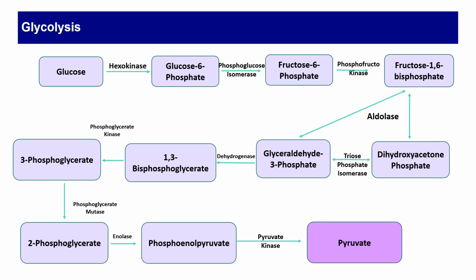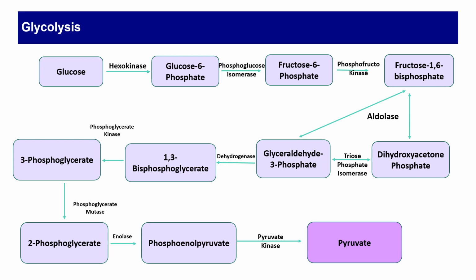The next step of glycolysis involves isomerization of 3-phosphoglycerate into 2-phosphoglycerate by the enzyme phosphoglycerate mutase.